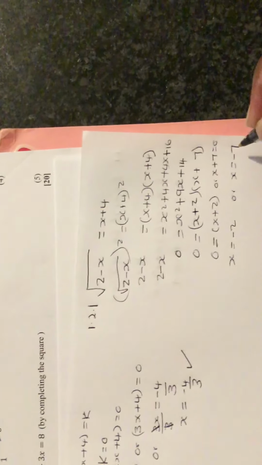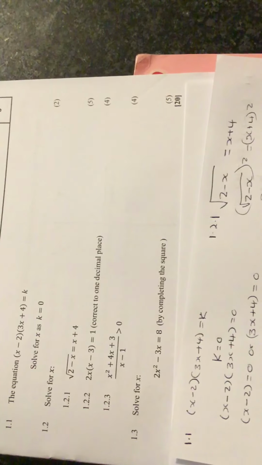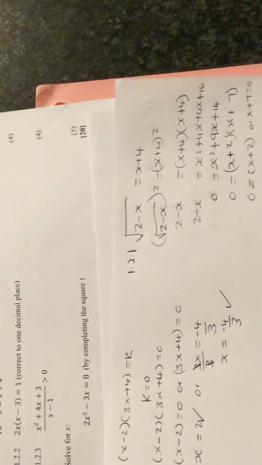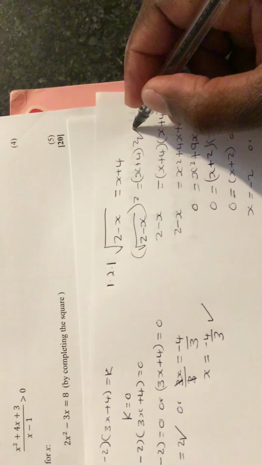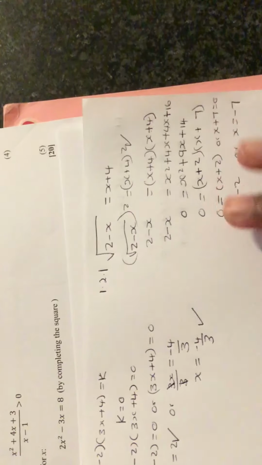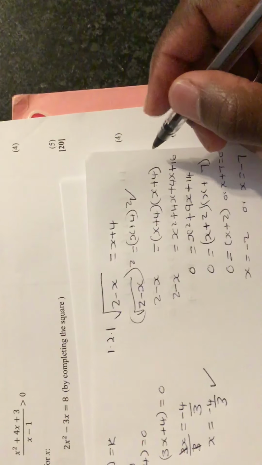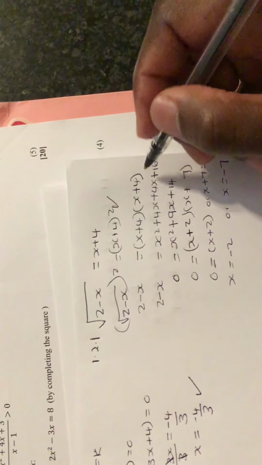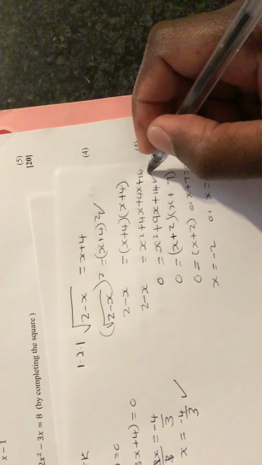Now, how do they mark? Because check the marks there, it's 5 marks. So we must understand how actually do they give you a mark. So mark number 1 here, that is the first mark. And the second mark that you need to get is this one.